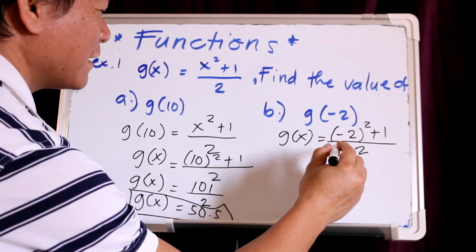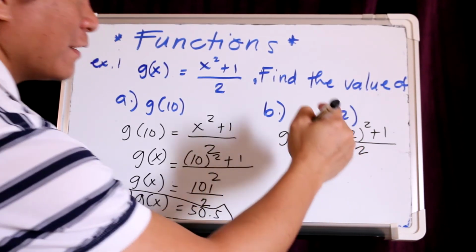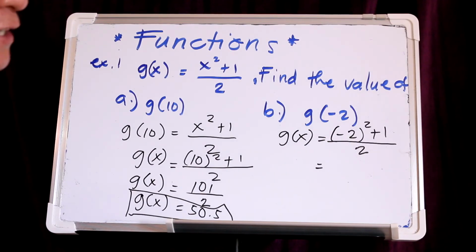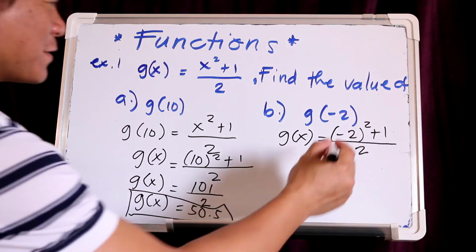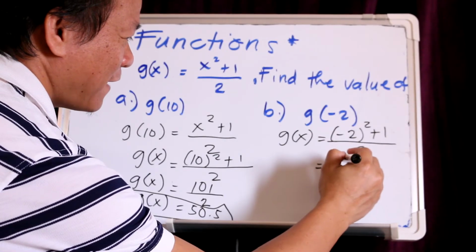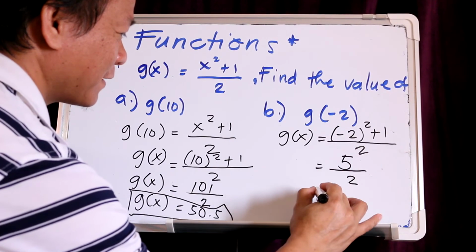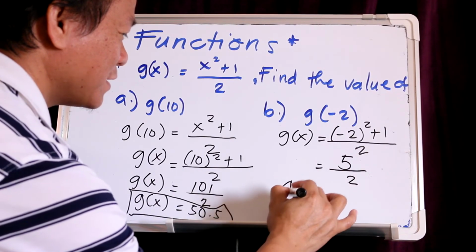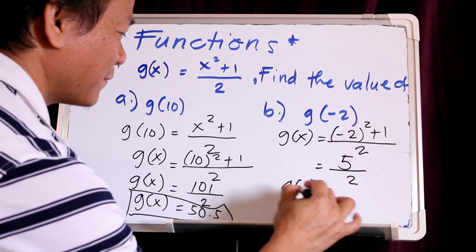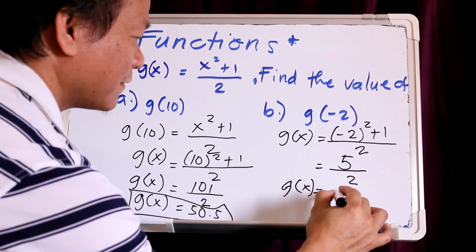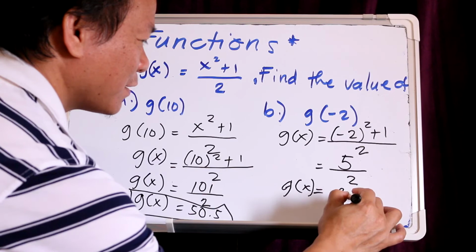So that means you have negative 2 times a negative 2, so both negatives will produce a positive answer, right? So that means 5 divided by 2. So the answer would be g(-2) equals 2.5.